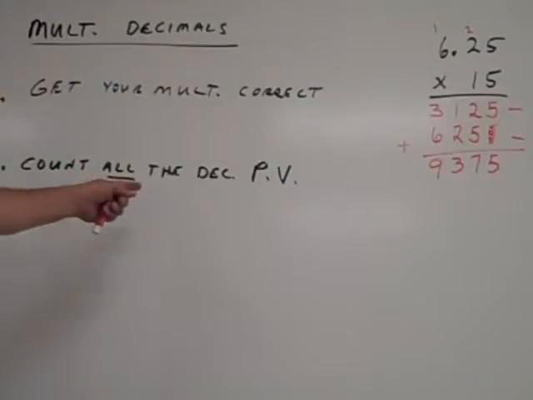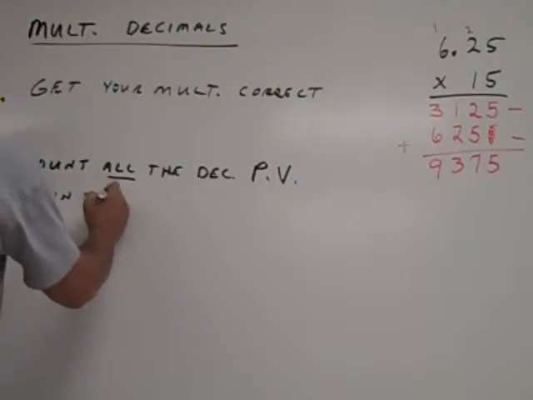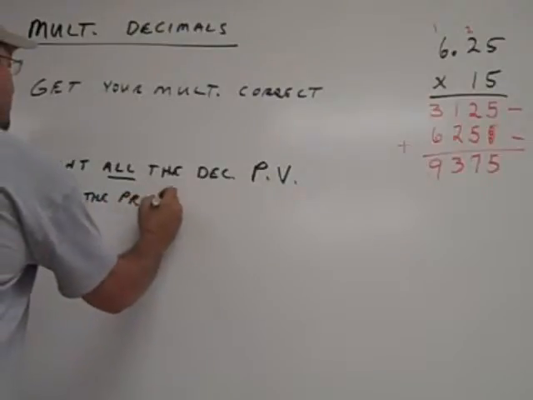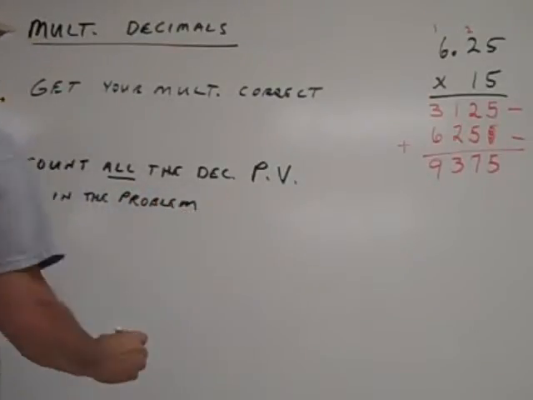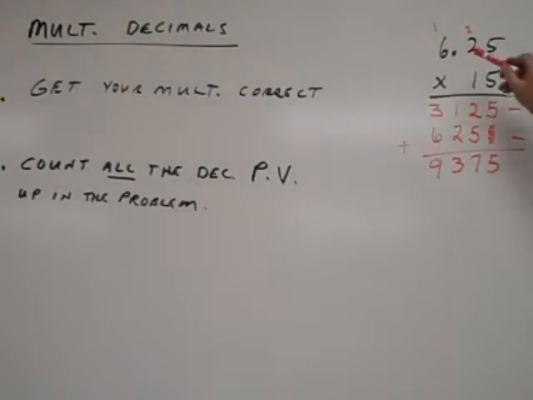So count all the decimal place values up in the problem. Okay, so we come over here and I see 1 decimal. So I'm going to count up however many place values it is to get to it. 1, 2. So there's 2 place values.